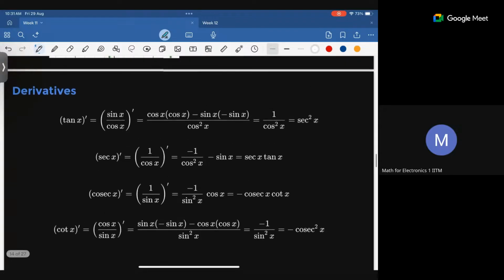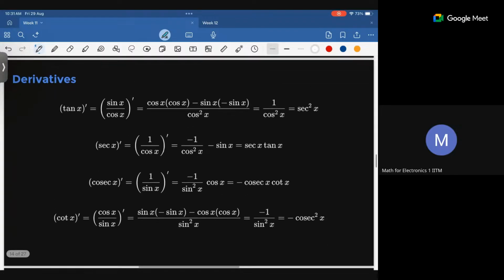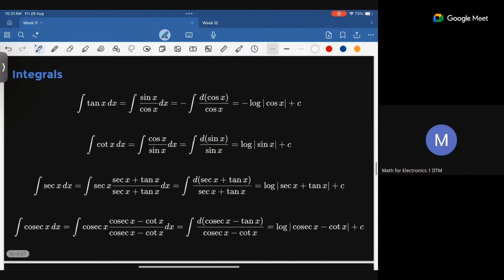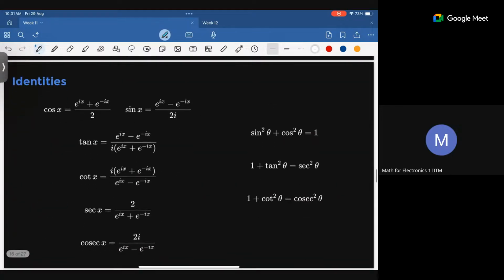All right, so let's continue. These derivatives and integrals are also important, but again, if you know how to do the integrations with standard methods, and if you know how to do the derivatives, all these formulas can be derived. These identities are important, not the left side identities, the right side identities.